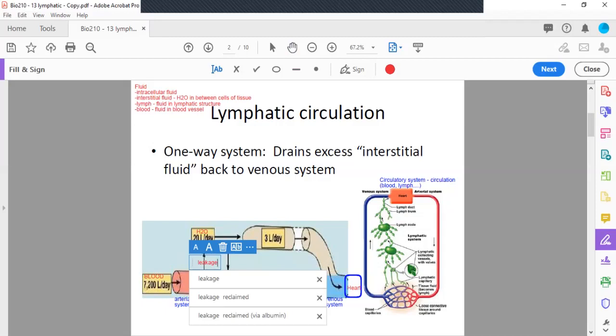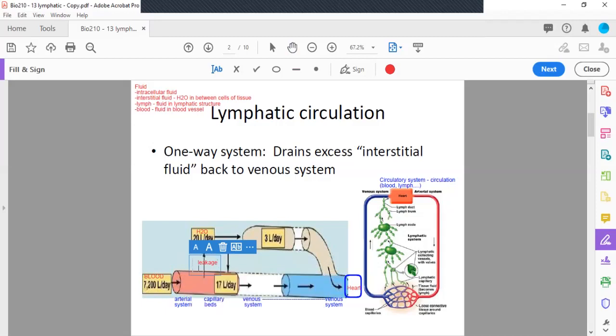This is beyond the scope, but I'm going to basically tell you the pressure is called hydrostatic pressure. That's FYI, the pressure itself. Now, of that 20 liters of water leaking out, it's being pushed out to be more precise. So the hydrostatic pressure in the blood vessel pushes 20 liters of water out of the capillary.